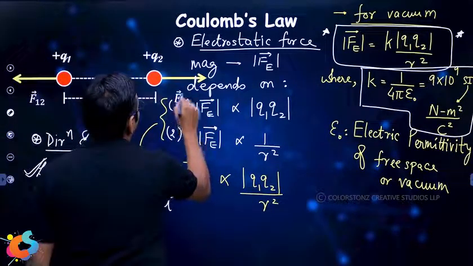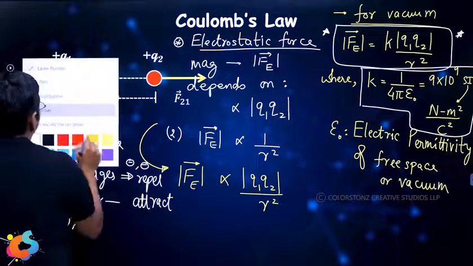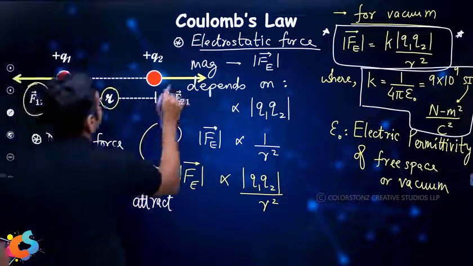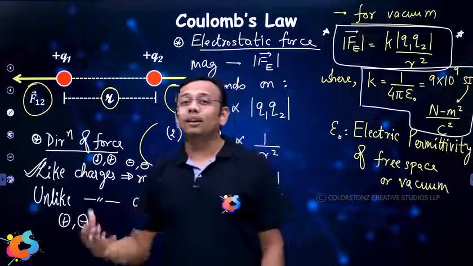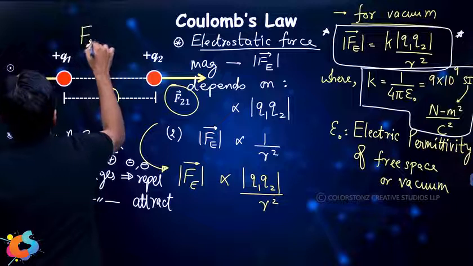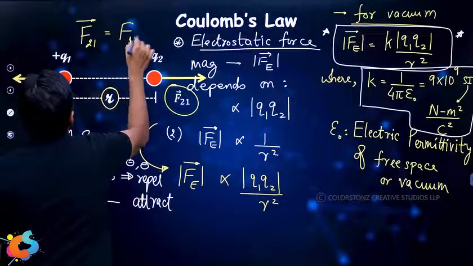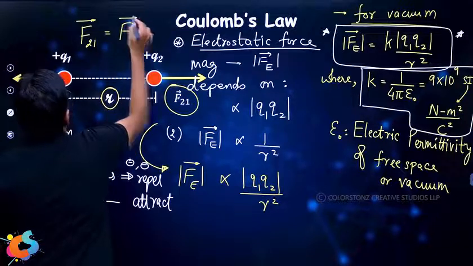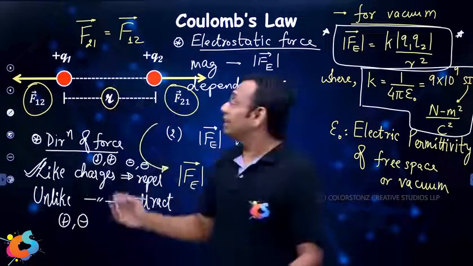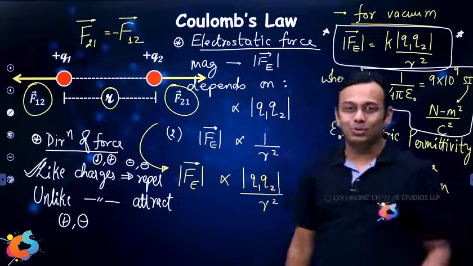So because of that, these two forces are going to be equal and opposite forces. They are action-reaction pair. F21 vector is equal to F12 vector, but in opposite direction, so we have to put a minus sign also.